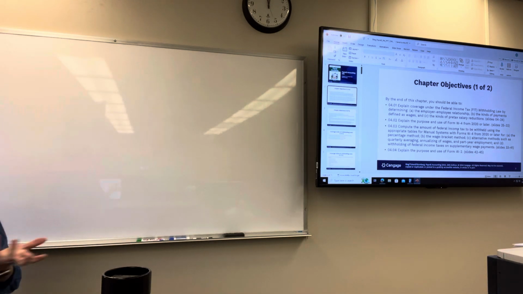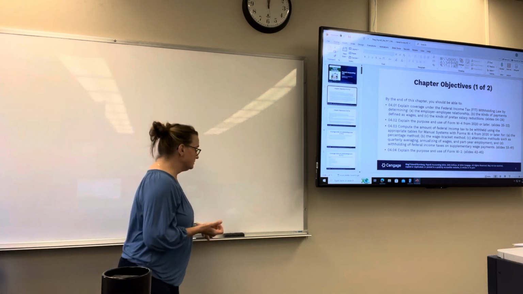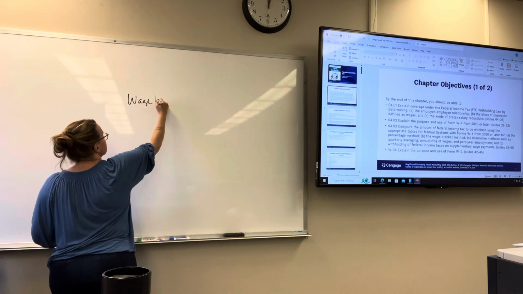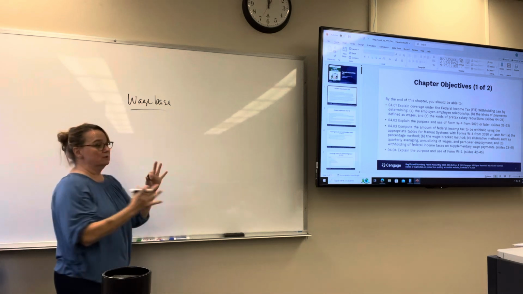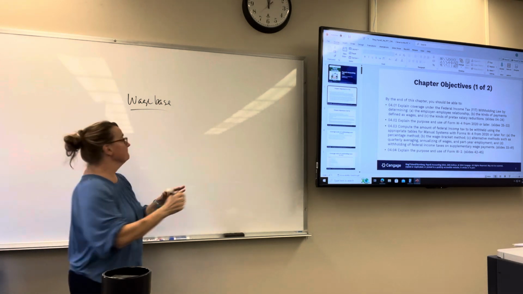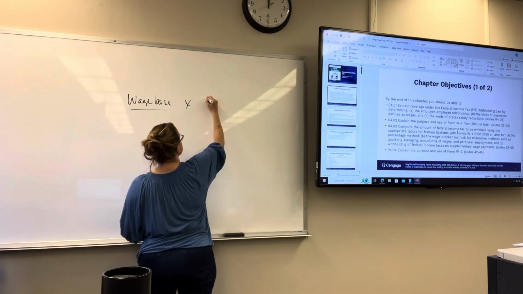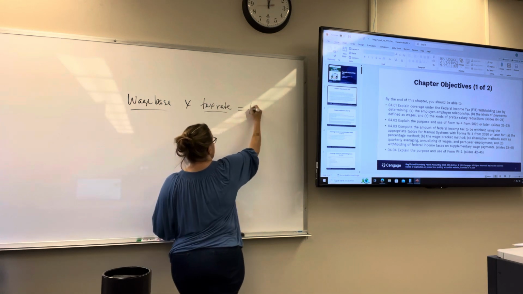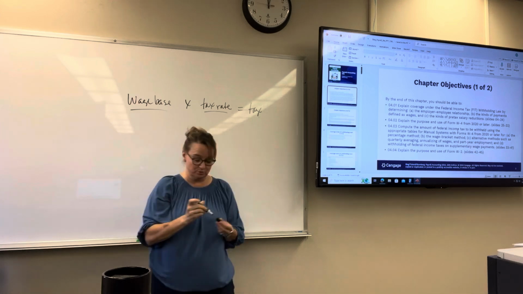If you remember, to get our tax, we've got our wage base, which is the amount that is taxable, times our tax rate, equals our tax, how much tax we're going to pay.